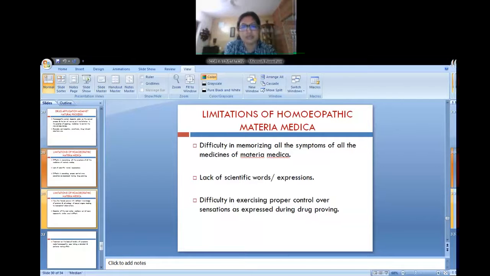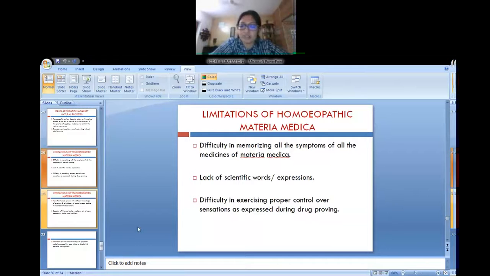Difficulty in exercising proper control over sensations as expressed during drug proving. This is an interesting point, because when you're proving a drug, you can probably see the initial stages. Nobody is going to wait for the patient to suffer the entire length of the disease, because there's always a risk of some irreversible change or probably even dying of it.